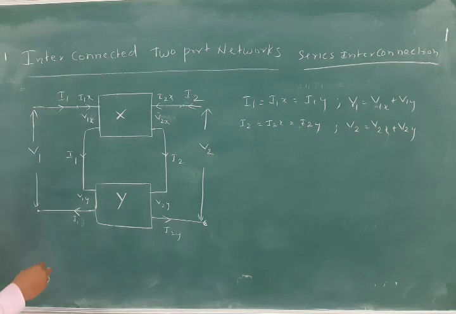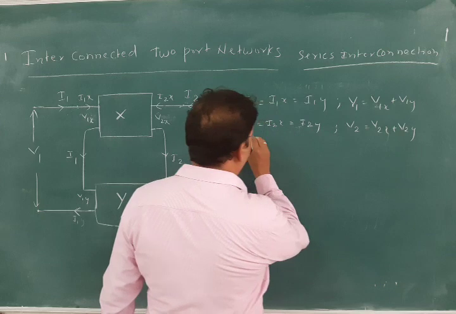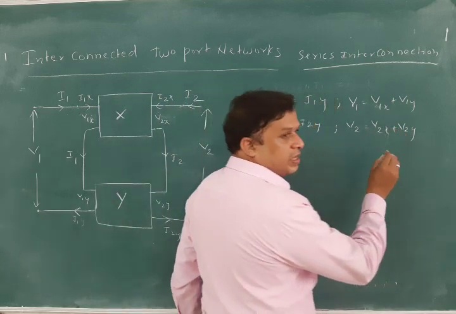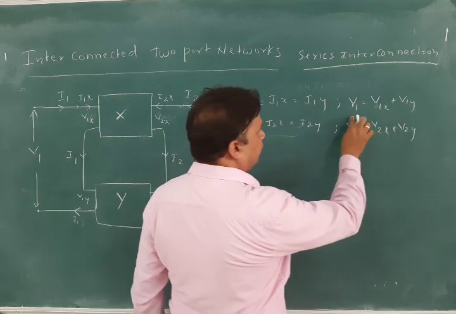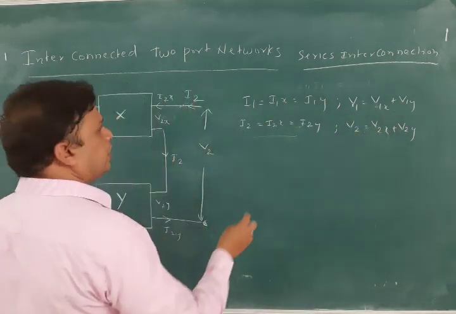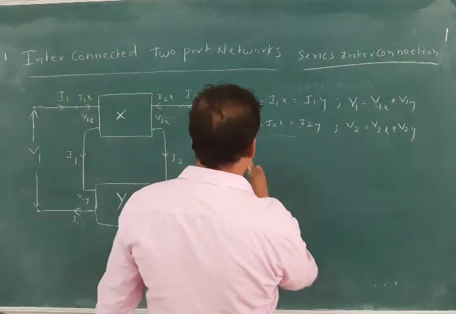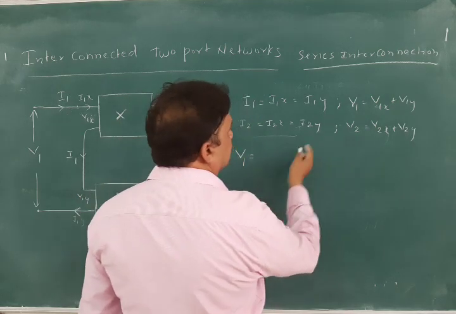If you see these equations, I2 is equal to I2x is equal to I2y represents the current, and V2 is equal to V2x plus V2y represents the voltage here. And here V1 is equal to V1x plus V1y. Now we will write the V1x plus V1y equation. What is V1x?